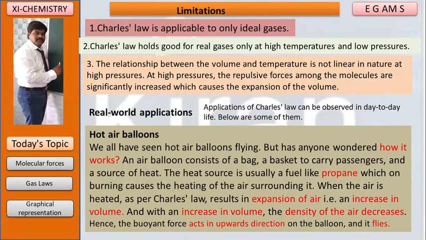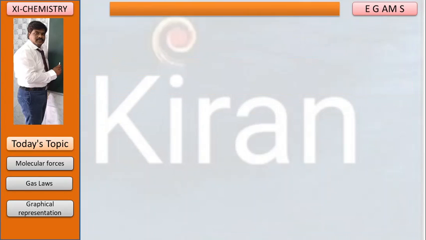The heat source is usually a fuel like propane, which on burning heats the air surrounding it. When the air is heated, as per Charles' law, it results in expansion of the air. With an increase in volume, the density of the air decreases. Hence, buoyancy acts in the upward direction on the balloon and it flies.